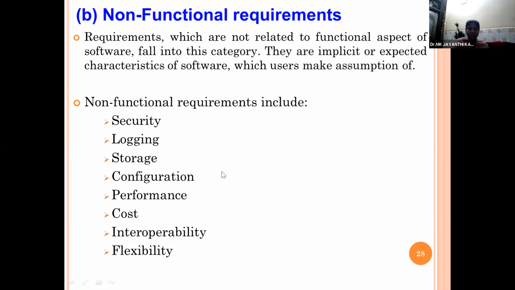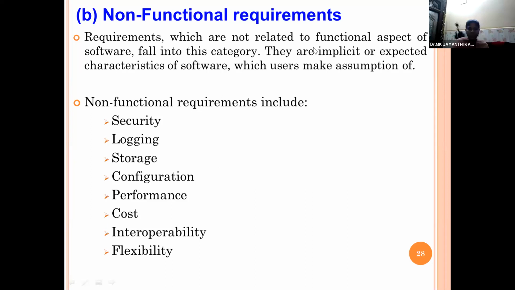So anyhow, they will ask you the question, what is non-functional requirement? In that case, the non-functional requirements are almost common for all the projects. So if they ask you what are the non-functional requirements of your project or in any project, the various non-functional requirements are security aspects, logging aspects, storage, configuration, performance, cost, interoperability, and flexibility. These are some of the non-functional requirements.